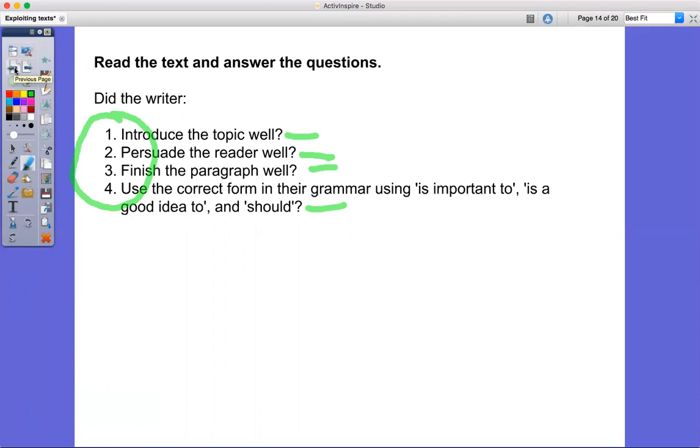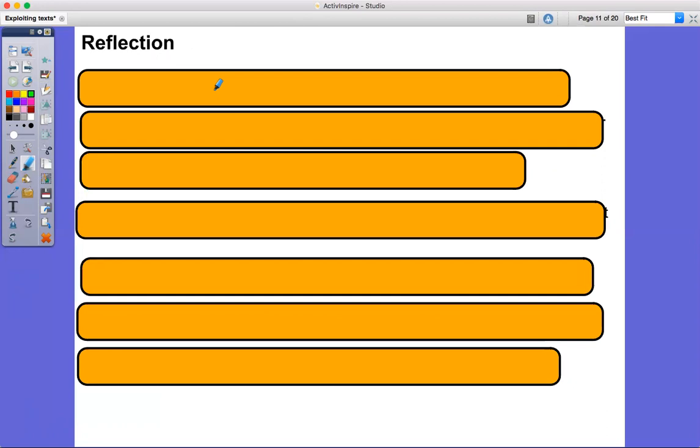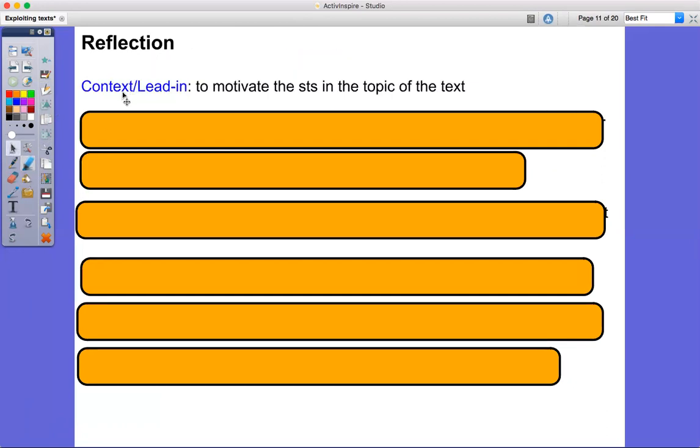And remember, at the beginning, our reflective task to our teachers was, what are the stages and stage aims? So the first stage was the context, and here is the stage aim.